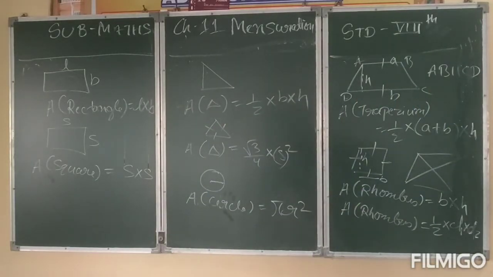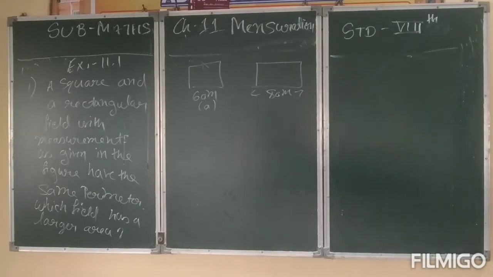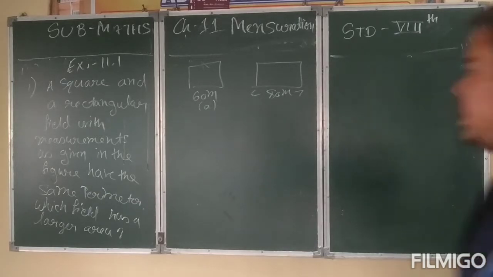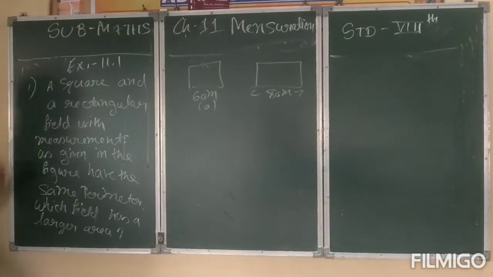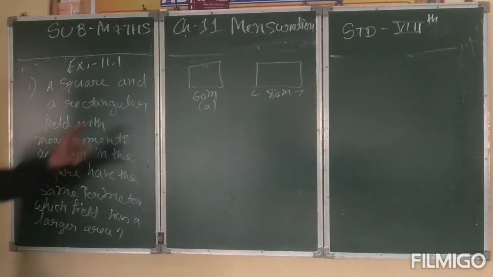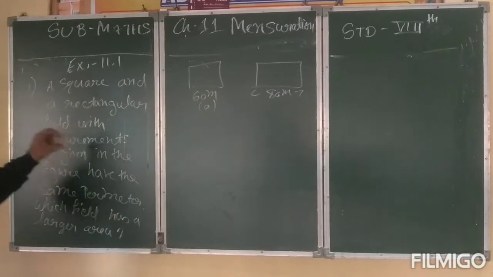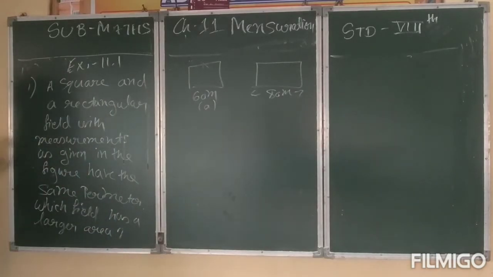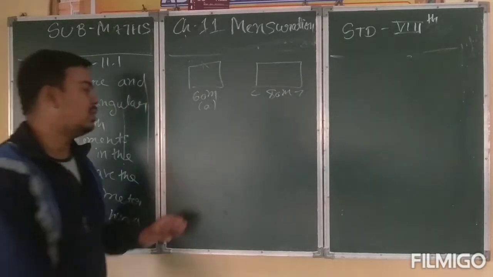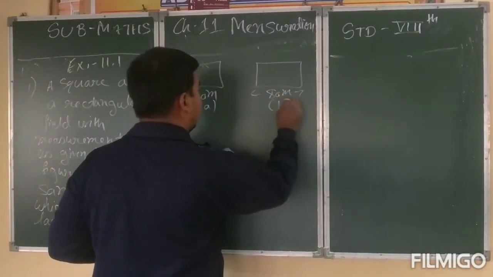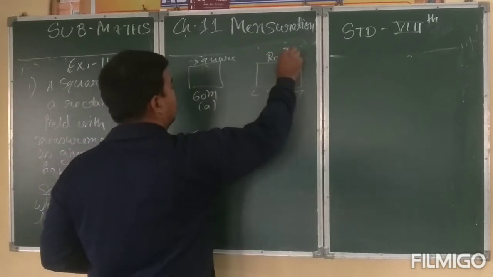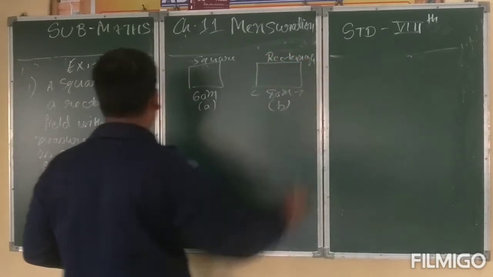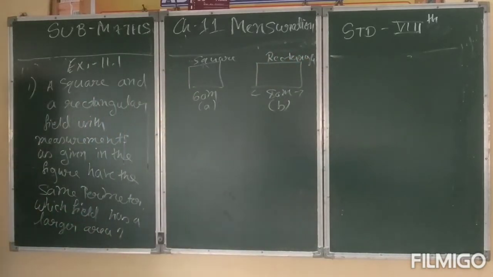Now we see our exercise 11.1. The first question: a square and a rectangle field, with measurements as given in the figure, have the same perimeter.